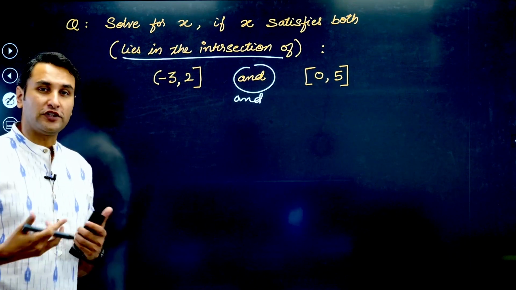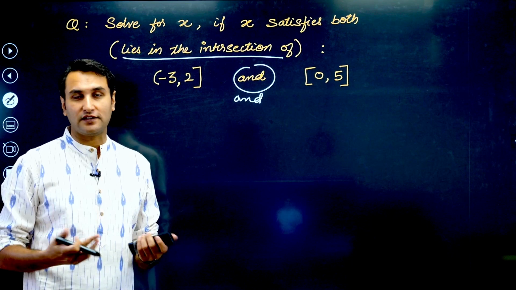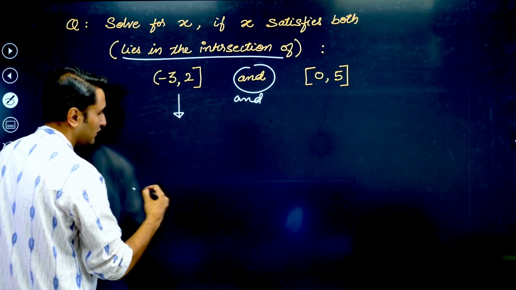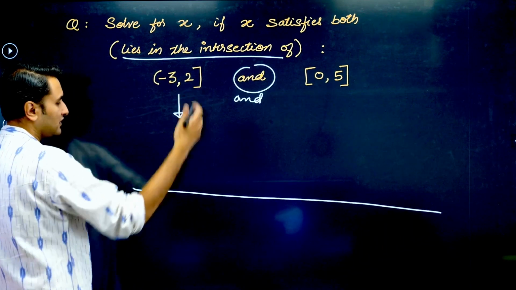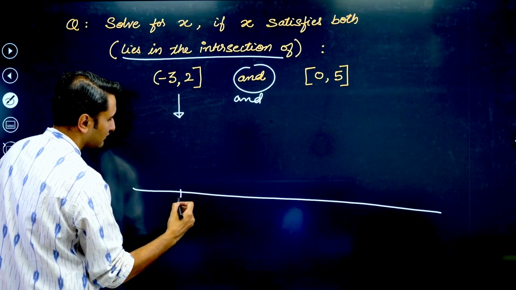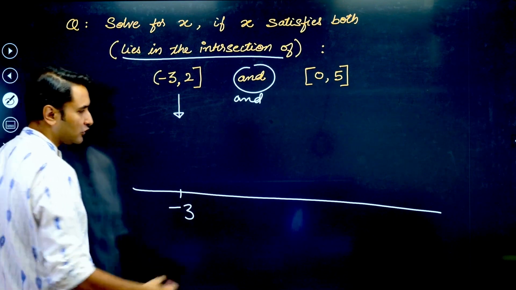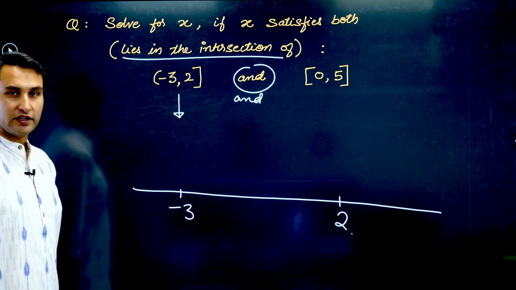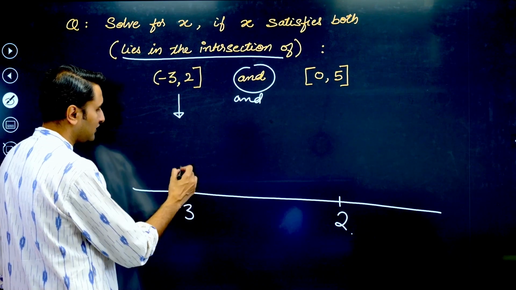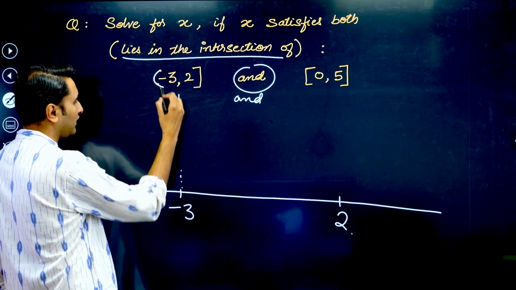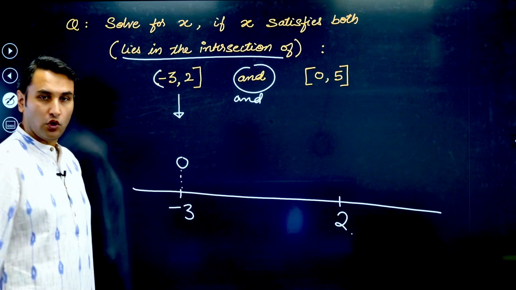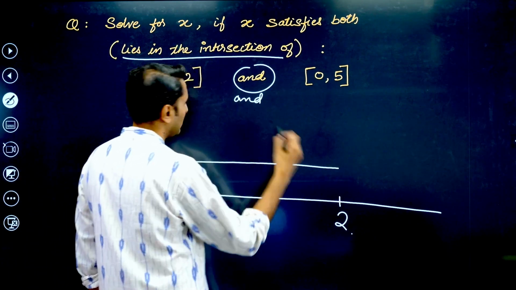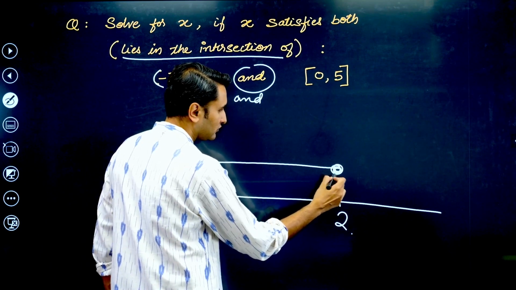For this, it's very easy to visualize through the number line. So let's represent this on the number line. Let's say minus 3 is here. Where will be 2? Somewhere here. So what does this represent? Minus 3 to 2 represents minus 3, remember there is an open bracket, so I will keep it open here, I will go till 2 and I will close it at 2.